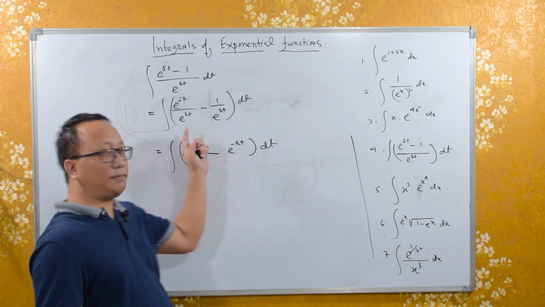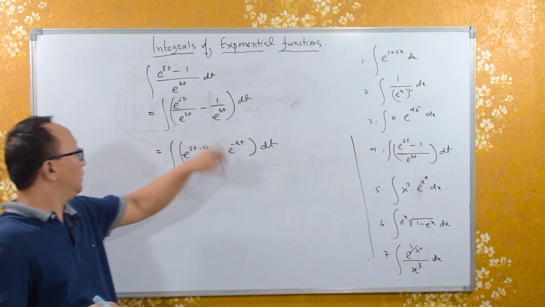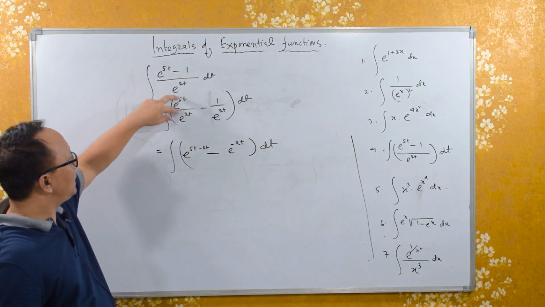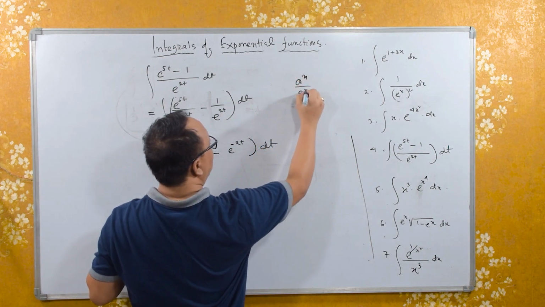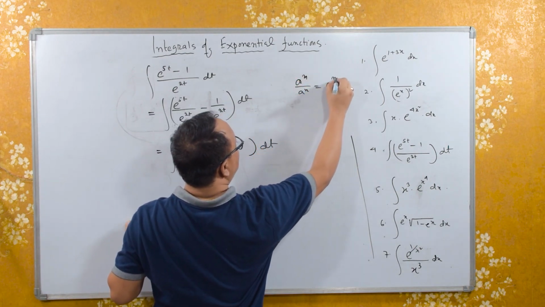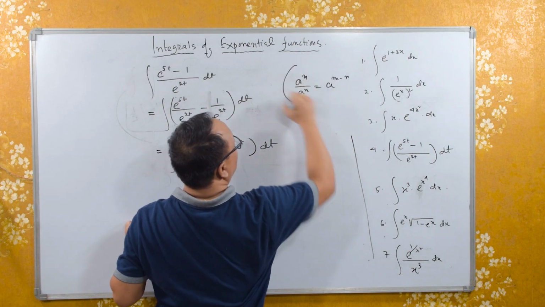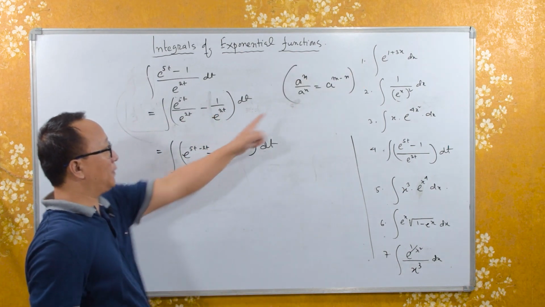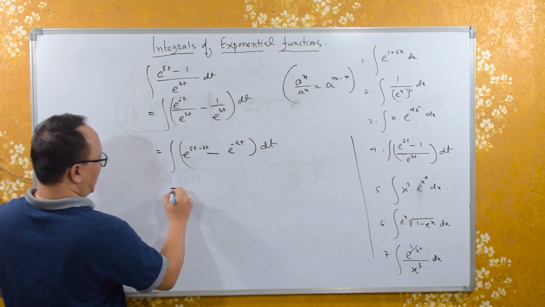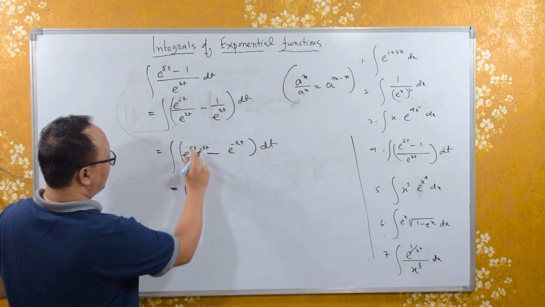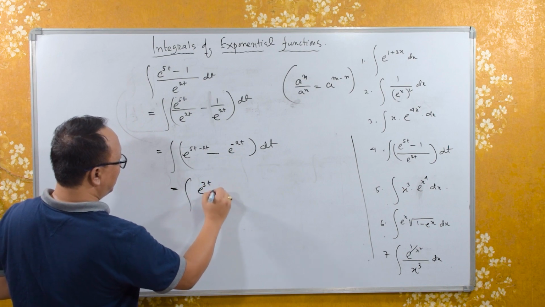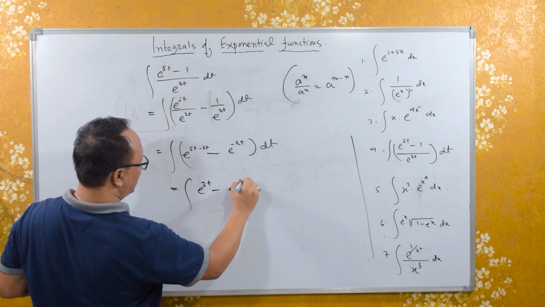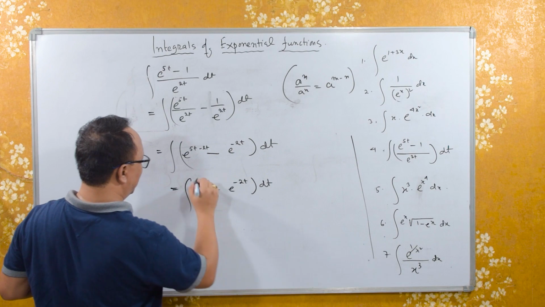Since the bases are the same, we can subtract the powers, using the formula a raised to m upon a raised to n is a raised to m minus n. I am applying this formula: e raised to 5t minus 3t... e raised to 3t minus e raised to minus 2t dt.